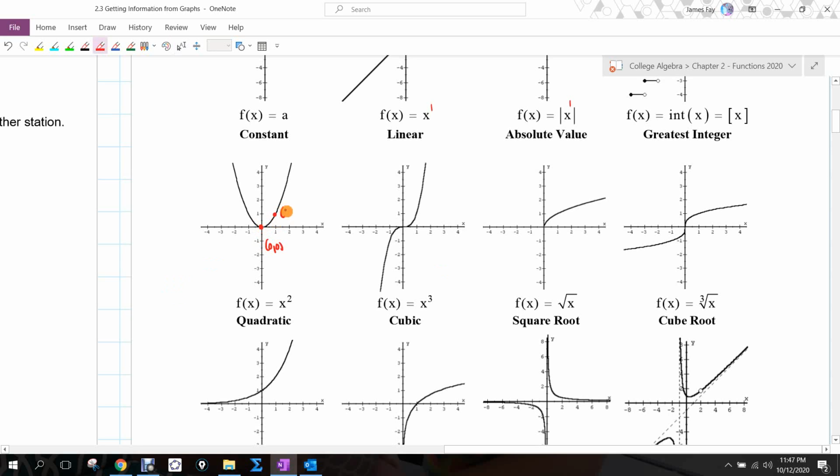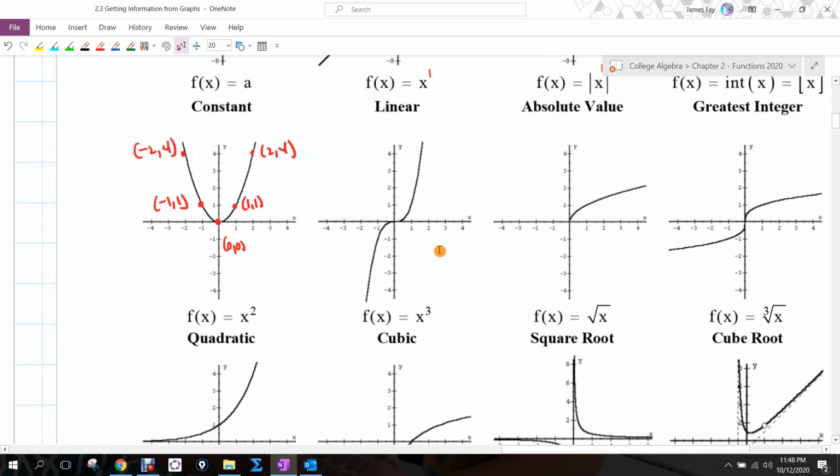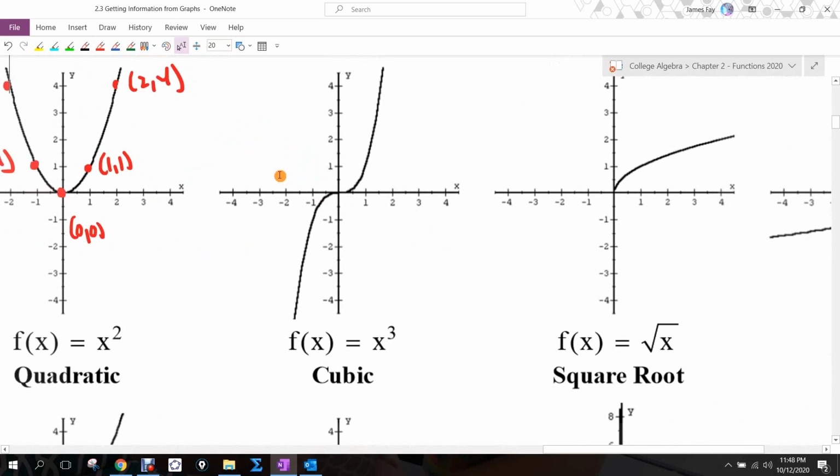We've got the point 1, 1. We've got the point 2, 4. Okay, now parent functions, because this is symmetric about the y-axis, if you just want to memorize those and know their counterparts over here are the same, they're just the x value is opposite, that's fine. But when we're working with a quadratic, I need you to know those 5 points. Okay, those need to be just intuitive, they need to be instinctual.